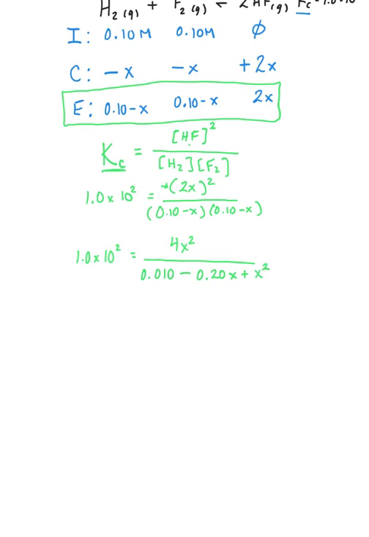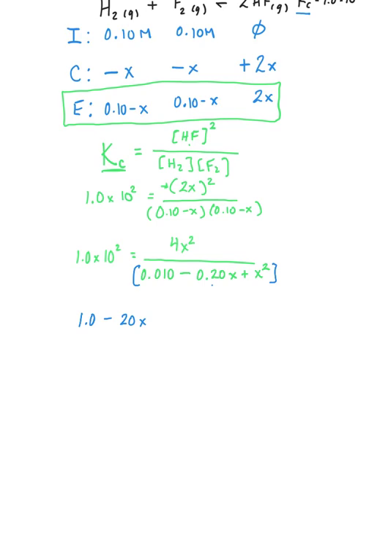To simplify this further, I'll multiply both sides of this equation by the entire quantity in the denominator on the right-hand side. We'll end up with 1.0 times 10 to the 2 multiplied by 0.01, which gives us simply 1.0. We'll multiply 1.0 times 10 to the 2 by negative 0.2, which gives us 20.